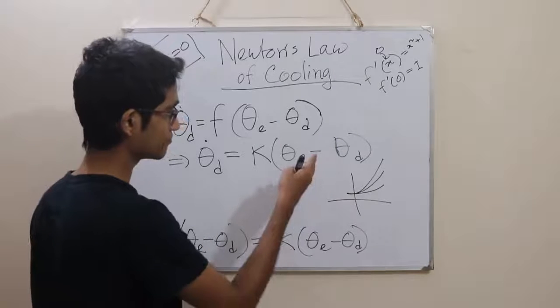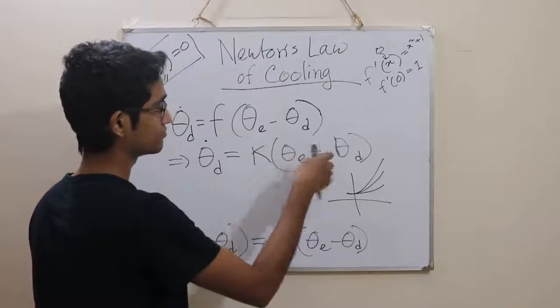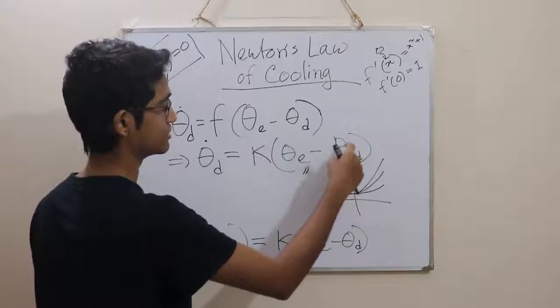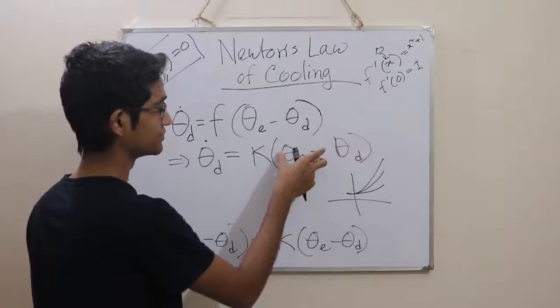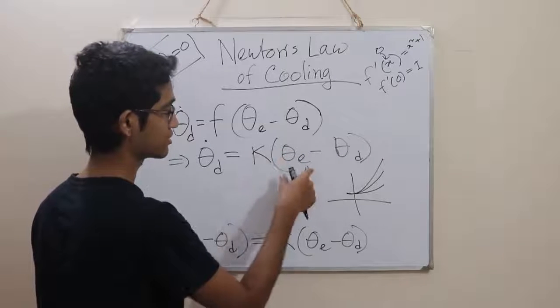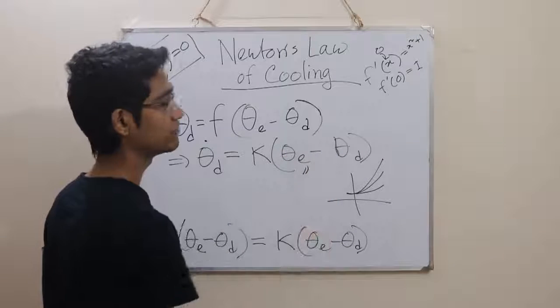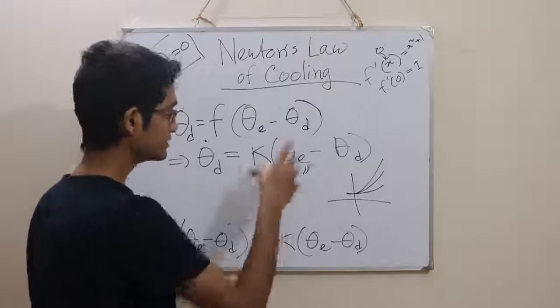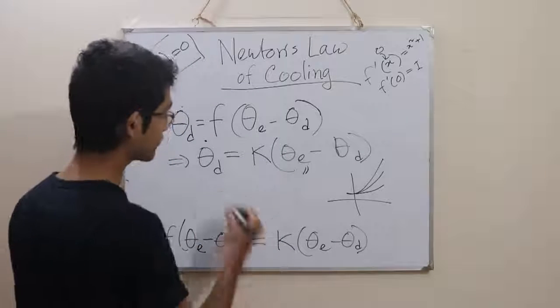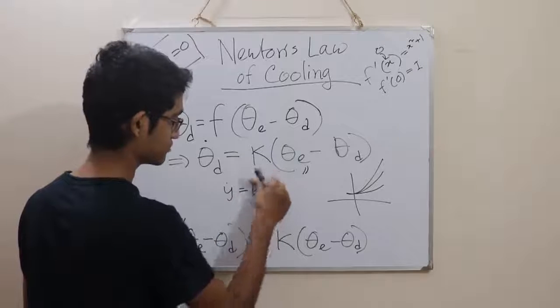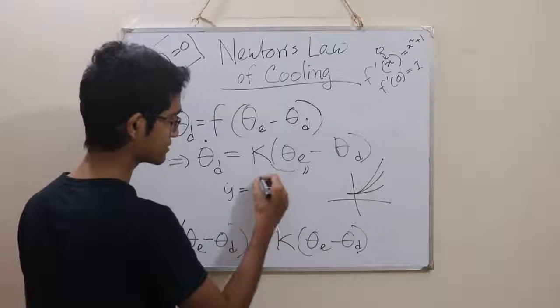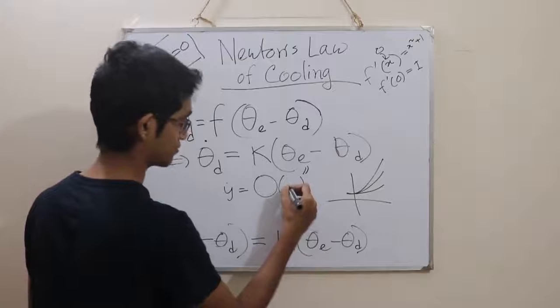So our main variable is this, and this is a constant minus our main variable. So basically this equation is of the form y dot is equal to a constant times our variable.